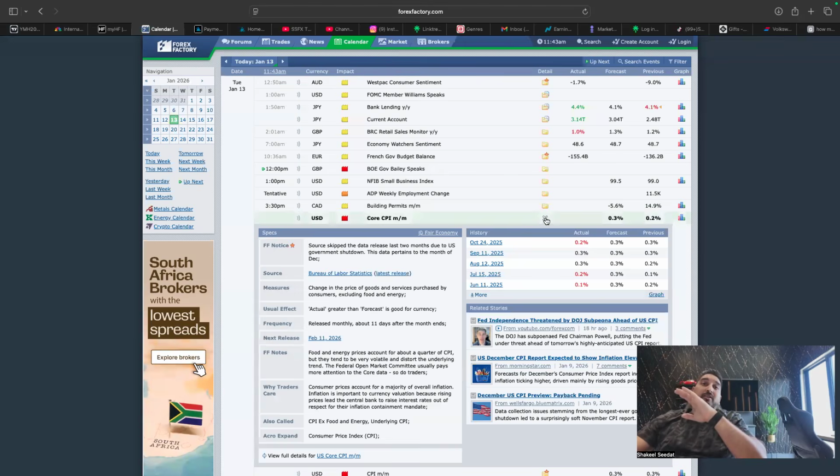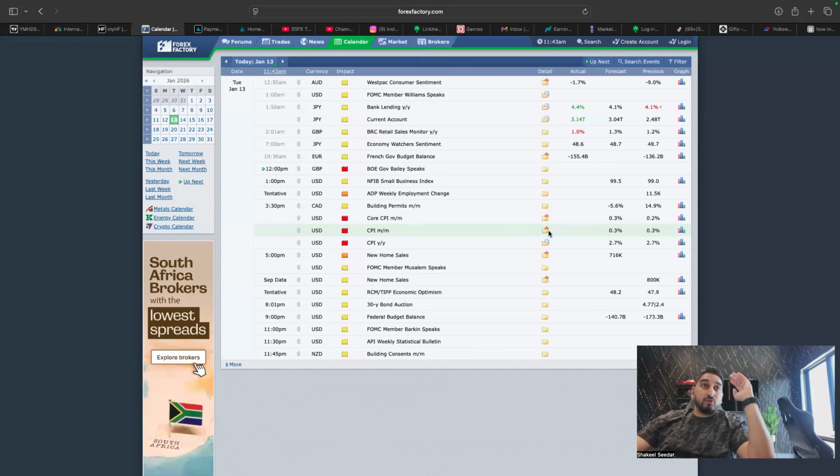But obviously, this was October's data. November's been missing. There were two that have been missed, which is October and November. December's CPI is currently being released, which is now today. That's expected to increase by 0.1%, right? So that should be a negative reaction.